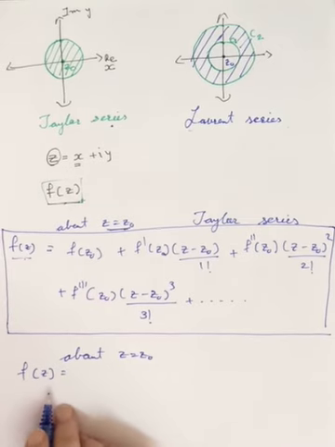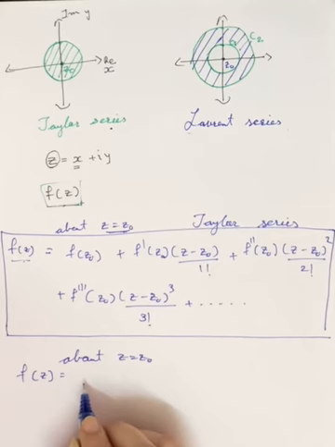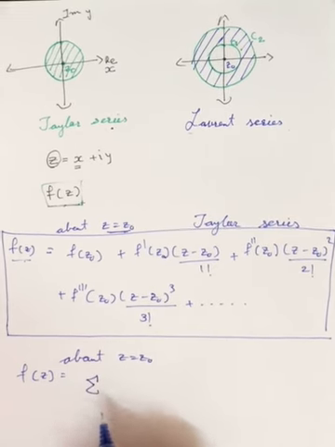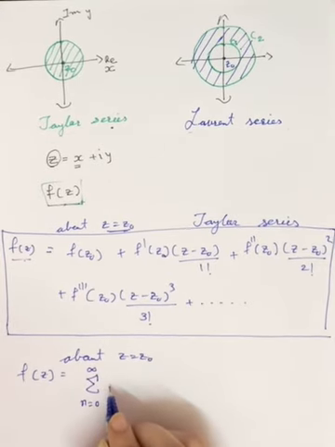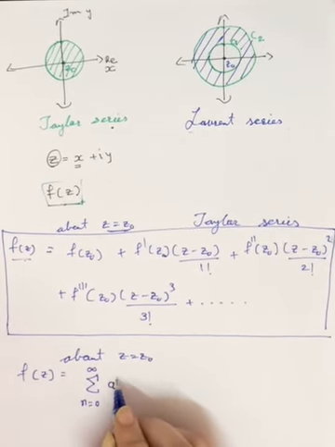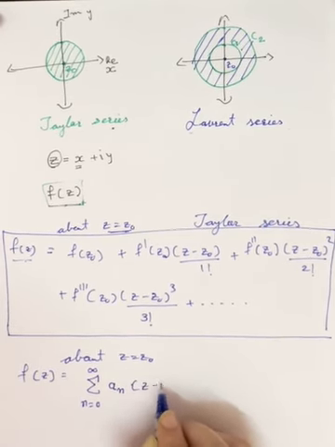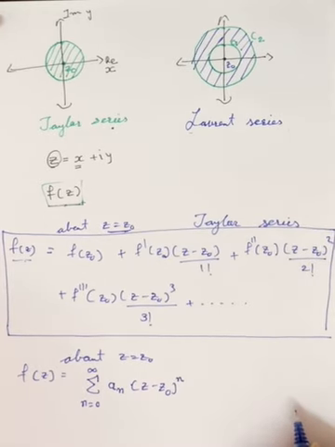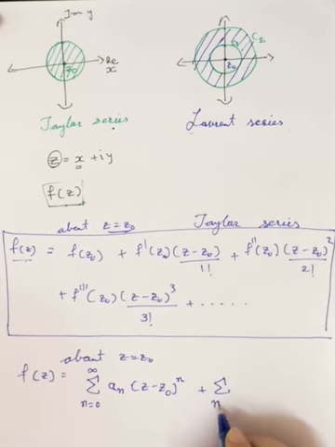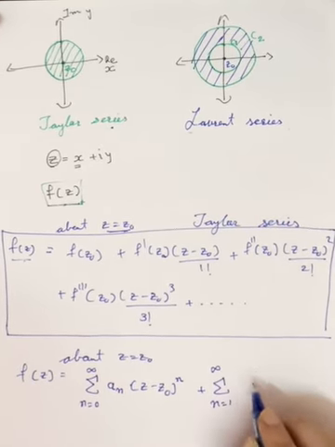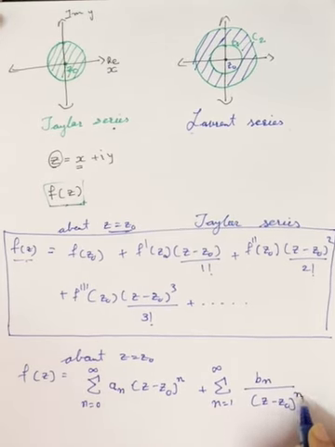Alright, so I can do a series expansion as, briefly, I can write sigma n equals 0 to infinity an into z minus z0 to the n, plus sigma n equals 1 to infinity bn upon z minus z0 to the n.